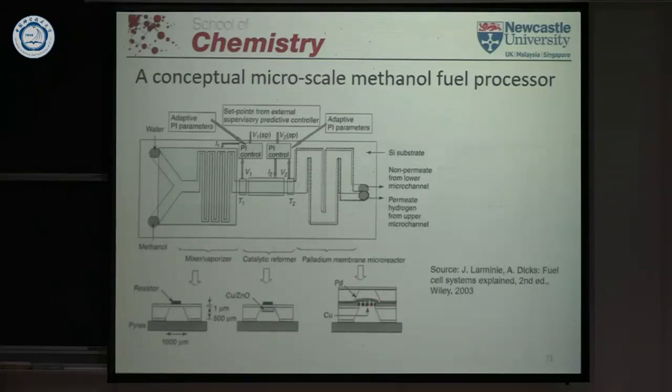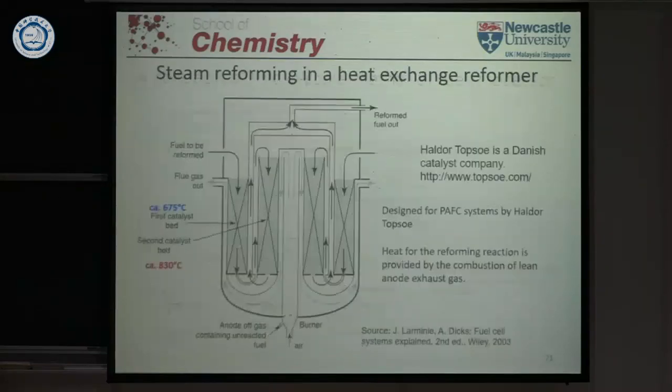You need for the palladium a so-called differential pressure, because the diffusion rates in palladium are not very high, but applying differential pressure allows you to get reasonable rates to get pure hydrogen that you can feed directly into the fuel cell.